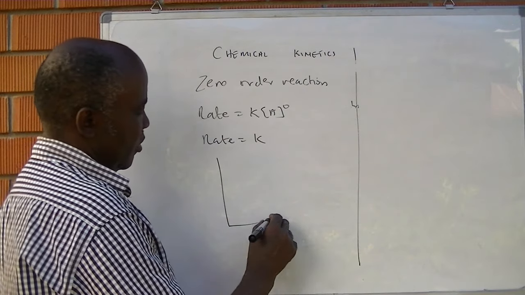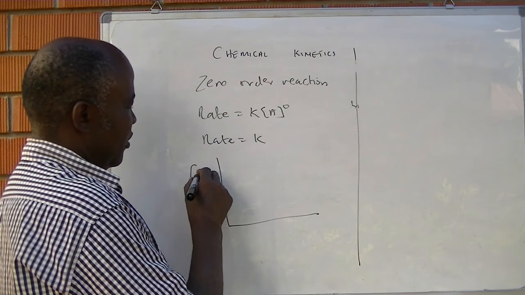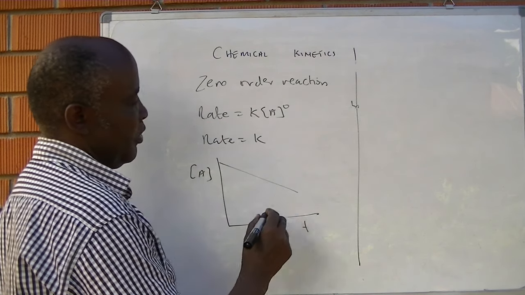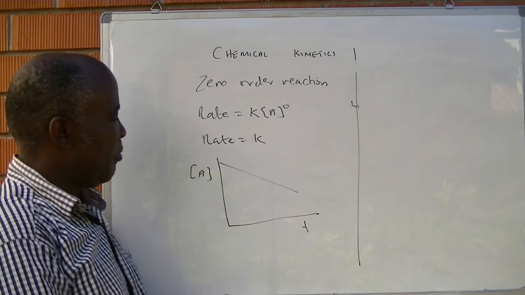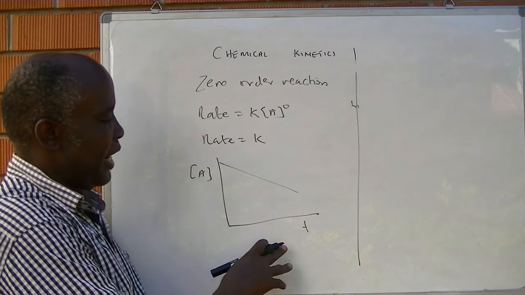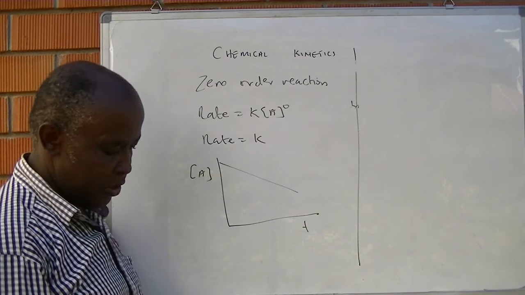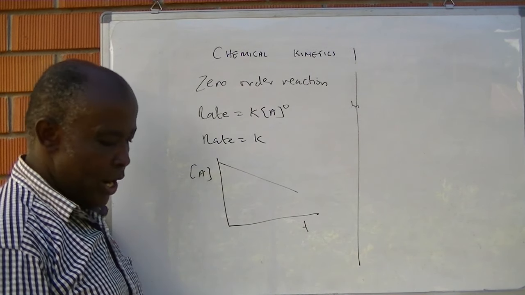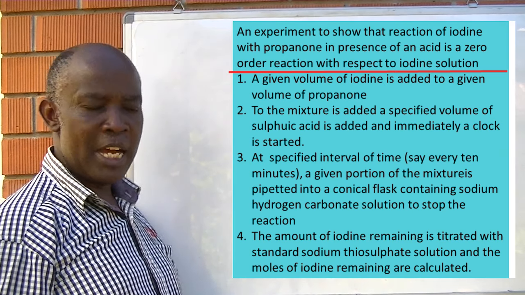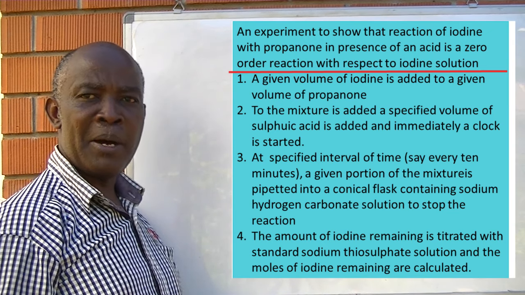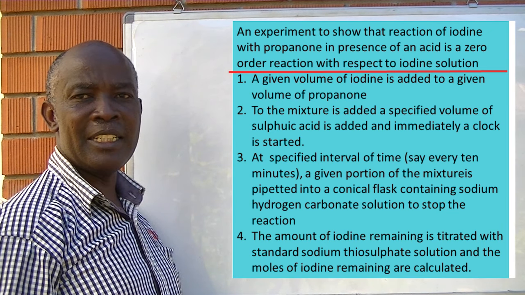A plot of a graph of concentration of A against t will give you a straight line. When you plot concentration of A against t and you get a straight line, then that reaction is zero order.